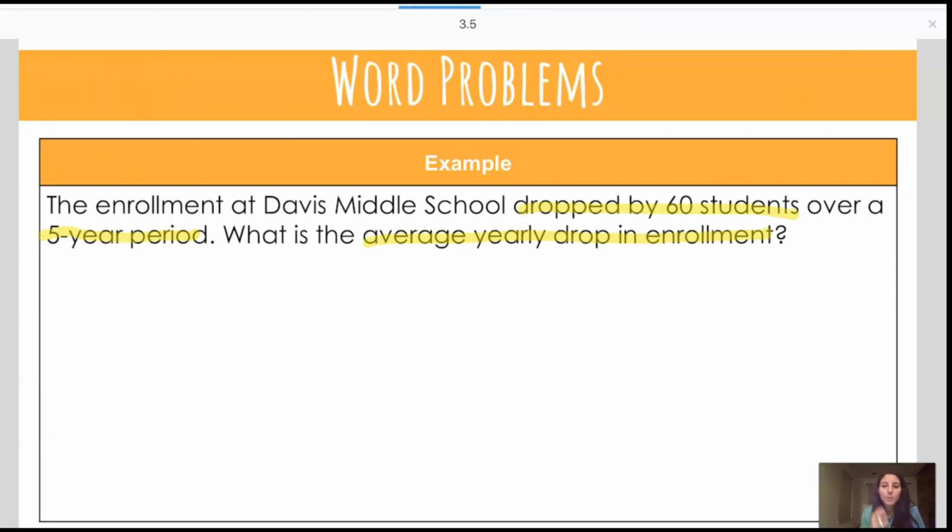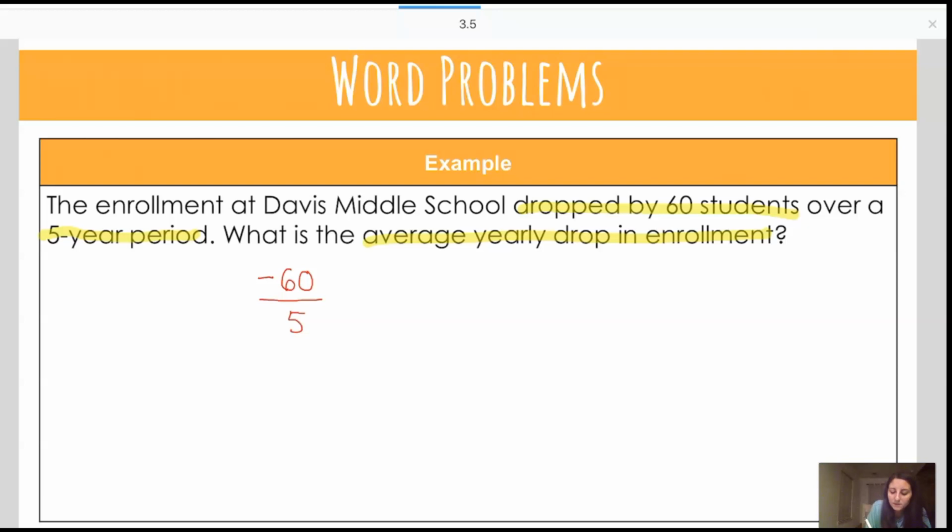So we're looking for per year or every 1 year. So they dropped 60 in a total of 5 years, but we only want 1. So we're going to take that negative 60 and divide it by the 5 years to get how many in 1 year. So we have negative 60 divided by 5.